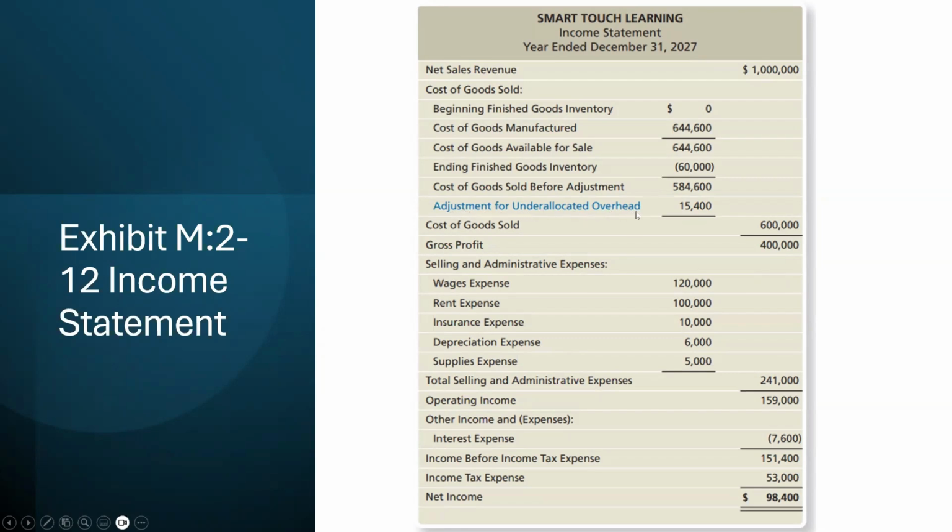Adjustment for underallocated overhead. So it is added in the cost of goods sold calculation so that the cost of goods sold on the income statement matches the amount on the T account. If overhead had been overallocated, the adjustment amount would have been subtracted.